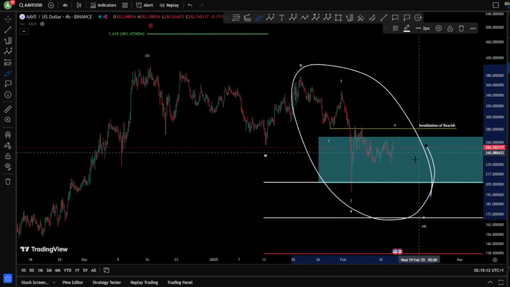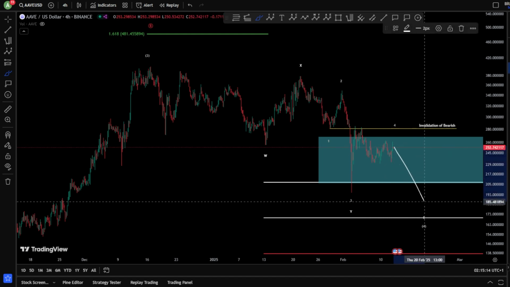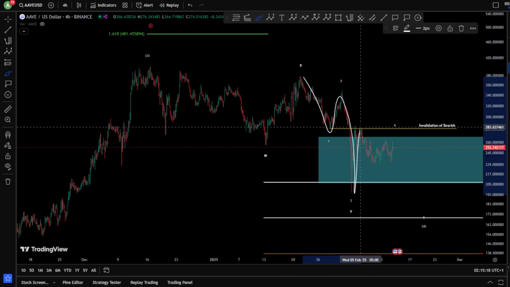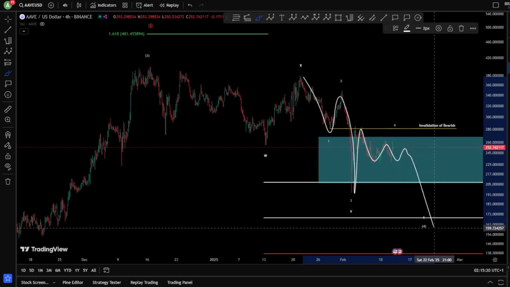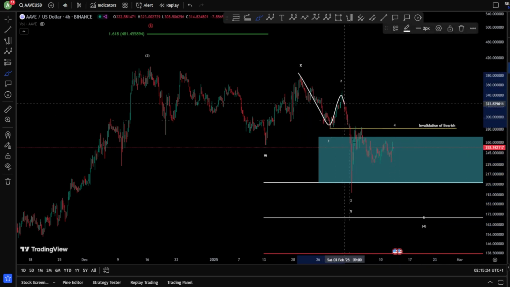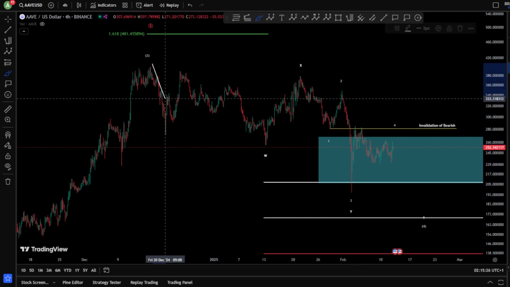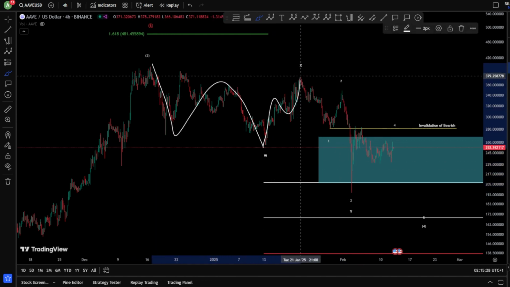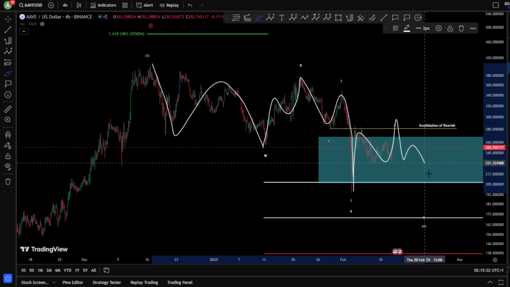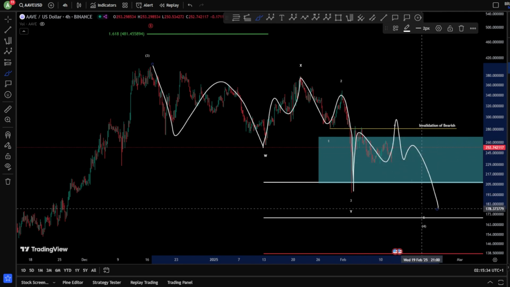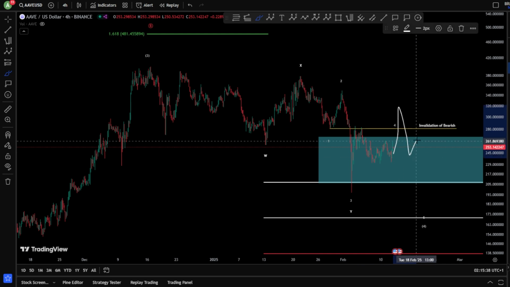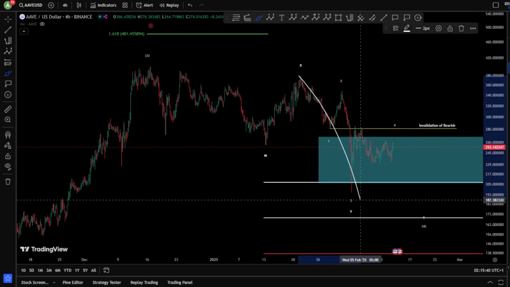It doesn't have to be impulsive also to get one more low. It can be like 3 waves down, 3 waves up, correction, and then moving toward the downside. Or probably, okay, this is a scenario. Probably we have 3 waves down, 3 waves up, and of course this 3 wave can take much more time, meaning one more move towards the upside and then ABC transforming this into 3 waves.